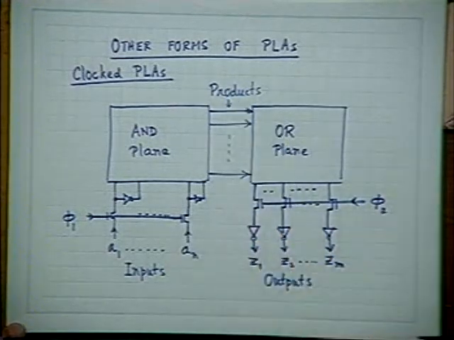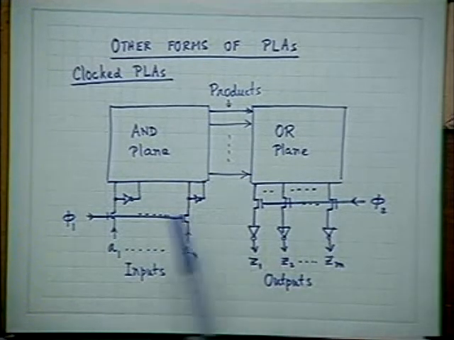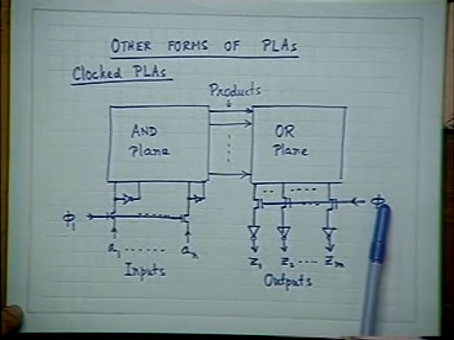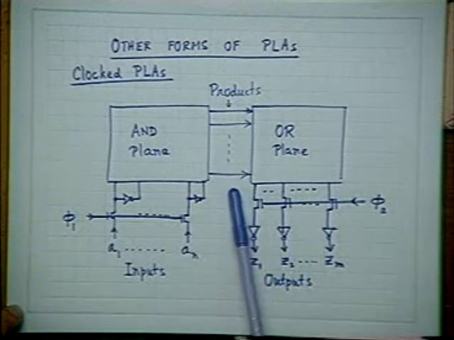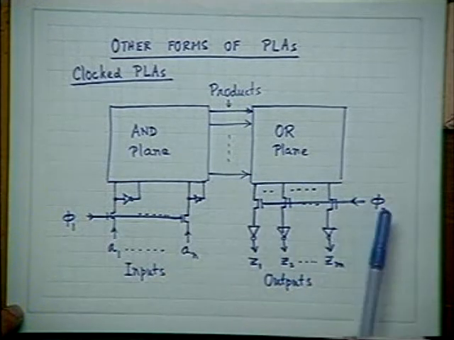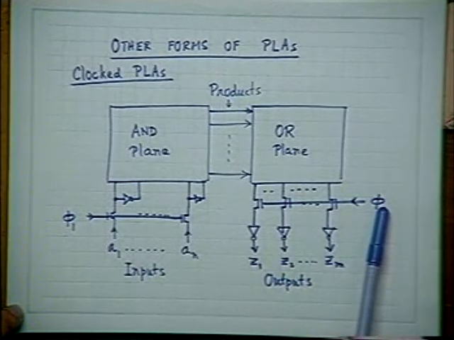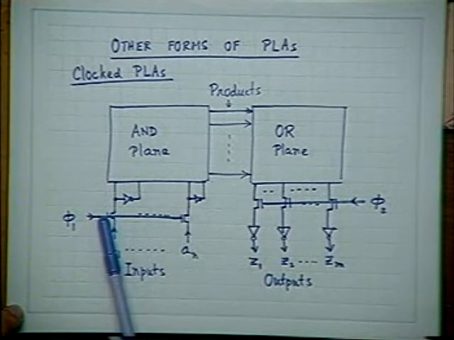Each product may take a little bit different time to be formed, but I am allowing that because phi 2 remains off for quite some time. When all the product terms are properly established, then phi 2 is high and phi 1 is instantaneously off.